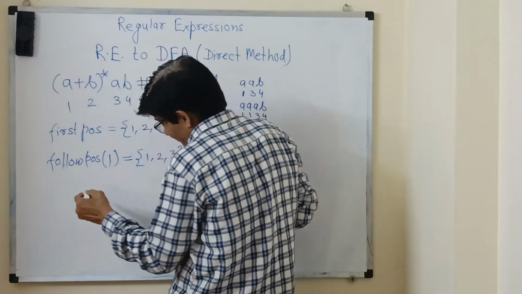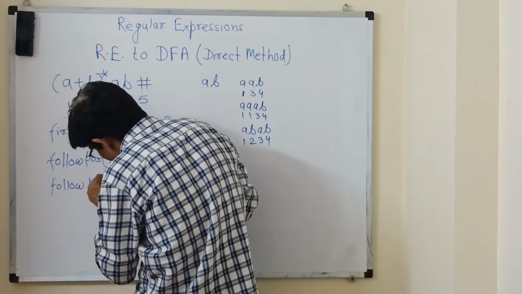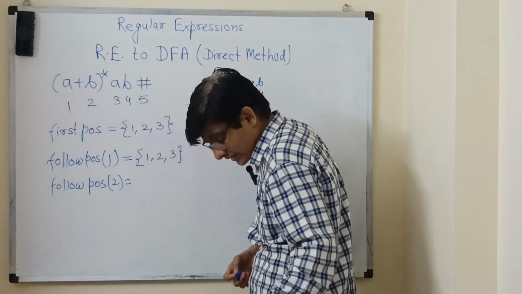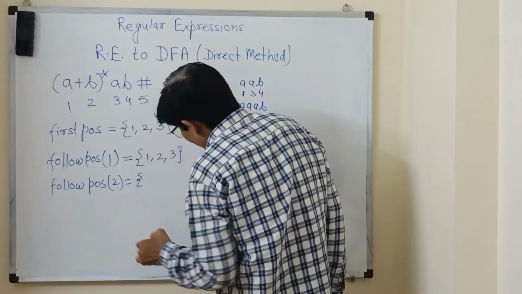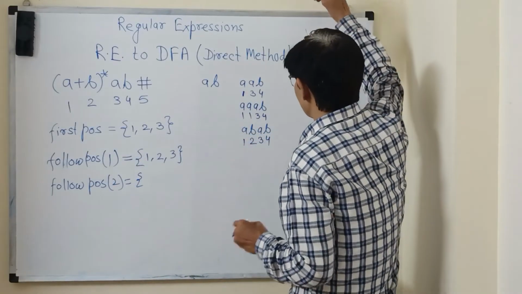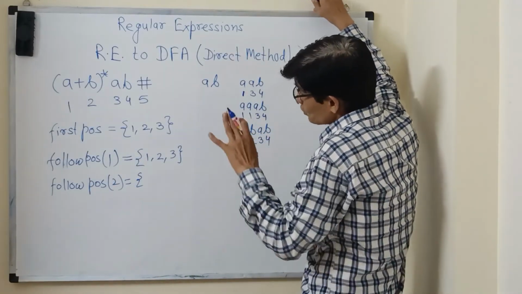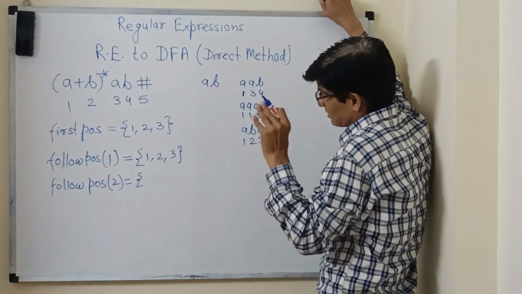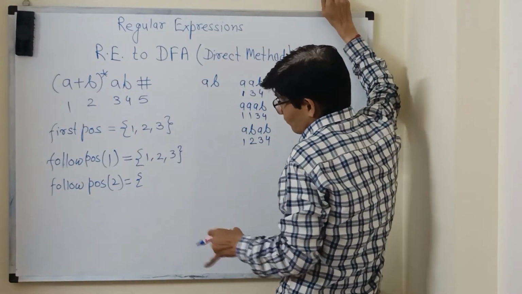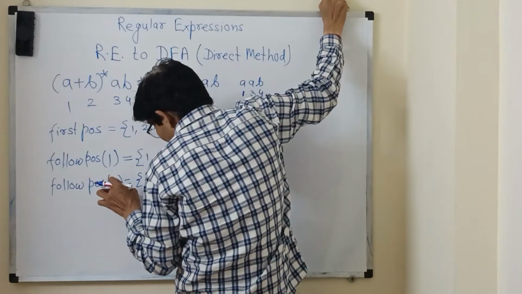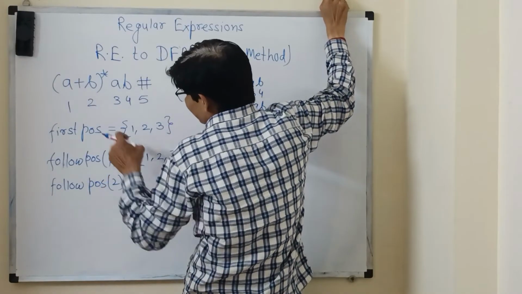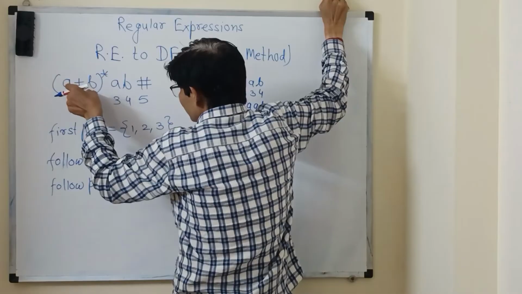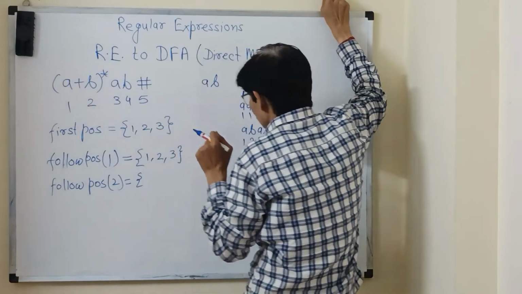So now we can see follow of 2. Again I'm taking some example here. In all possible strings of this, if we are finding the follow of 2, then there must be at least one symbol from this Kleene closure.